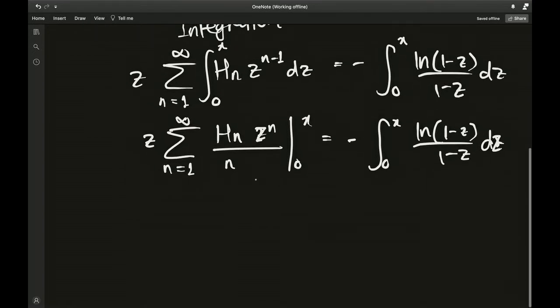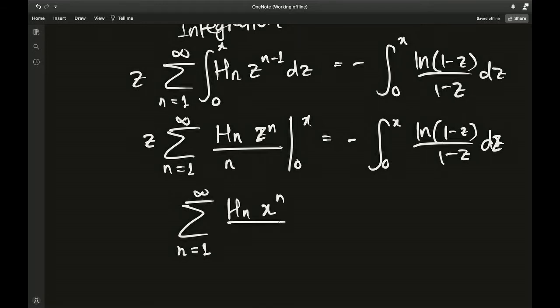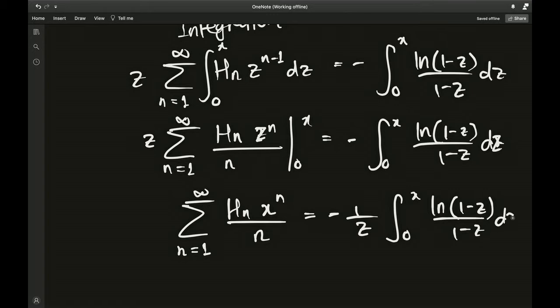And when you evaluate this, you can take the z on that side. So the sum from n equals 1 to infinity of the nth harmonic number times x to the n divided by n is equal to negative 1 over z times the integral from 0 to x of natural log of 1 minus z over 1 minus z dz.